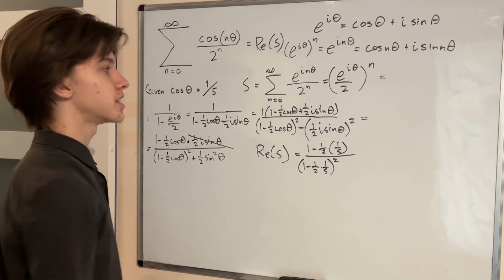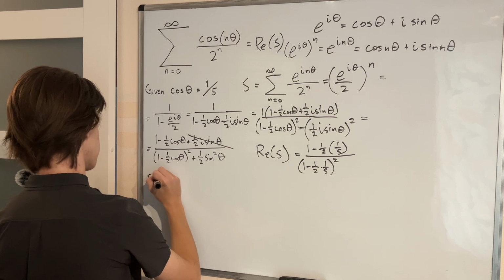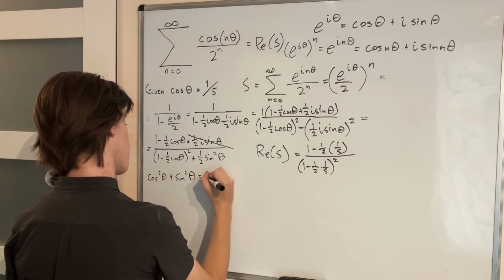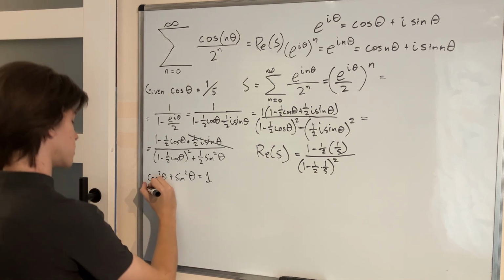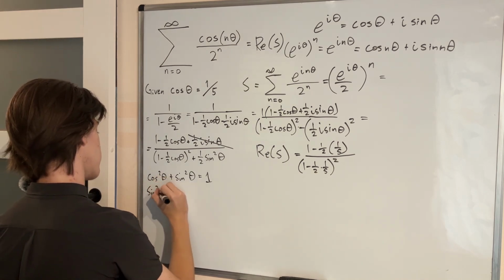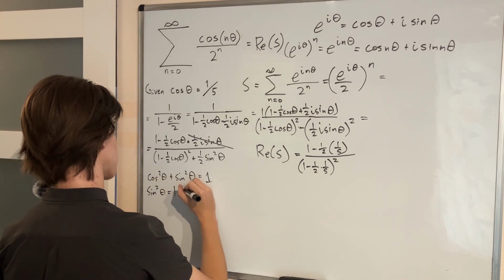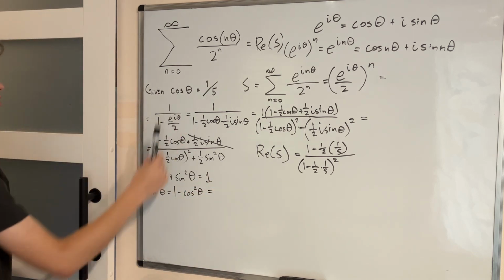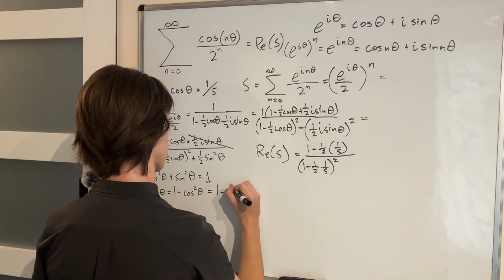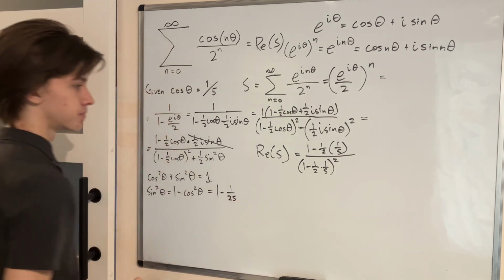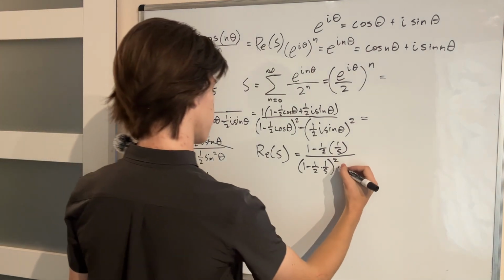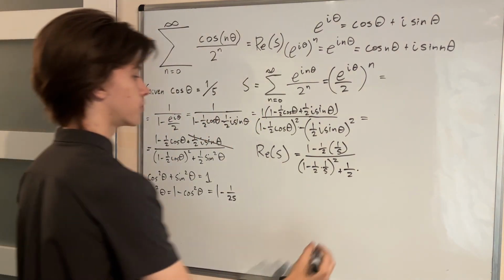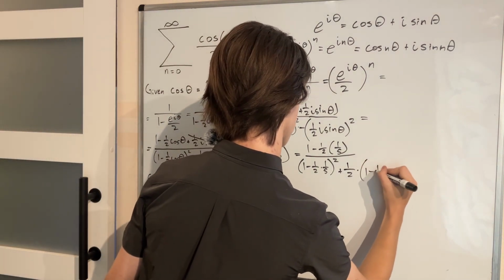Remember the Pythagorean identity that the cosine squared plus the sine squared is equal to 1. And therefore, the sine squared of theta is going to equal 1 minus the cosine of theta squared, right? And this is going to equal, because cosine of theta is 1/5, 1 minus 1/25. And so we can add that here, plus 1/2 times 1 minus 1/25 right here.